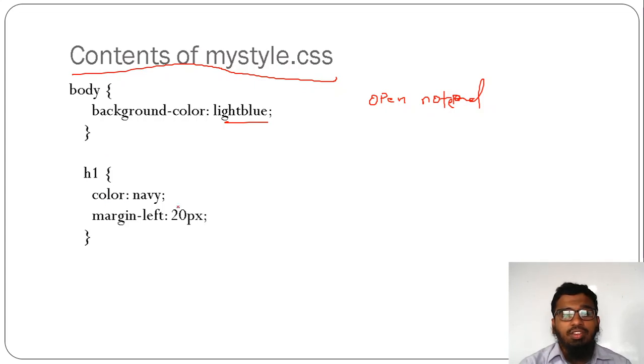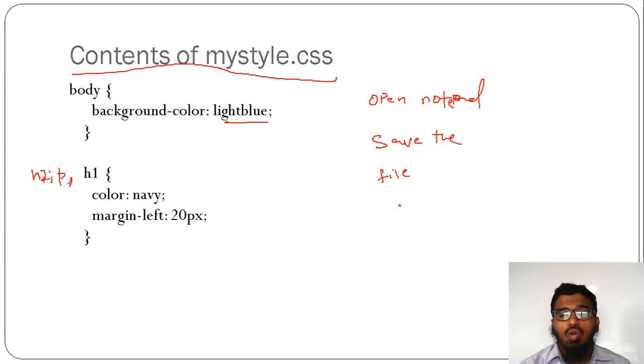H1, color is navy, margin left 20 px. You can take P or H2 here, any selector you can use, but they should be separated by comma. Clear?